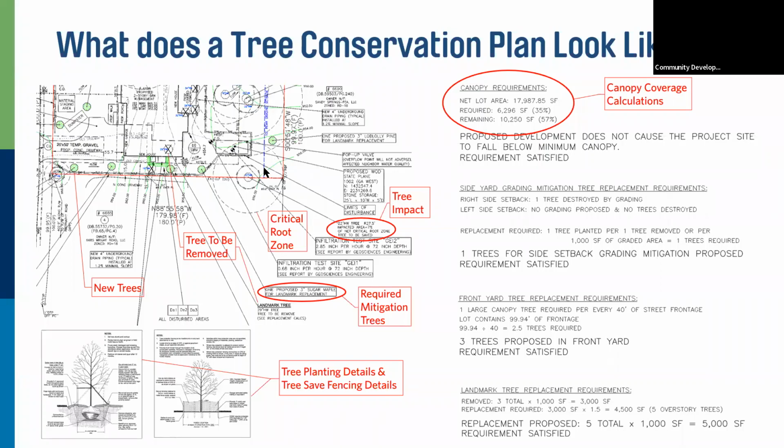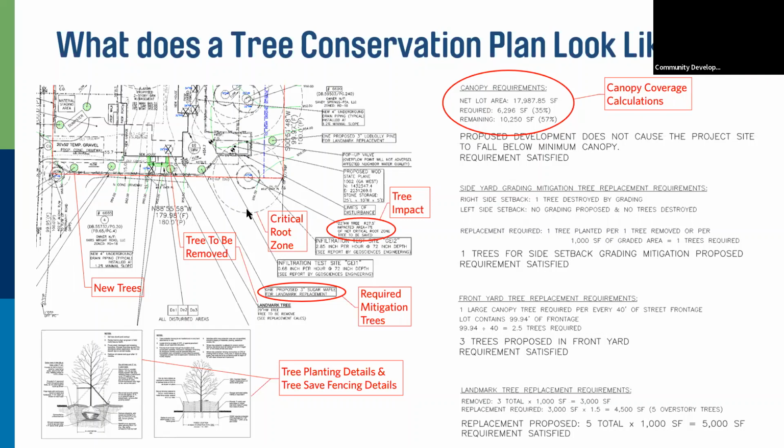And then we can see they're talking about the tree impact. We also have the details for tree planting and tree safe fencing, which is important to have in the field for your workers. And we see at the bottom, the replacement trees proposed based on the work they're doing.